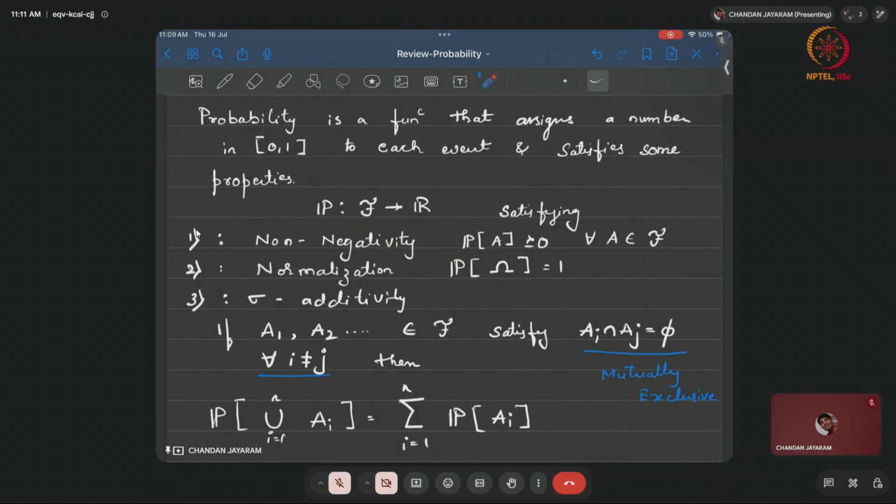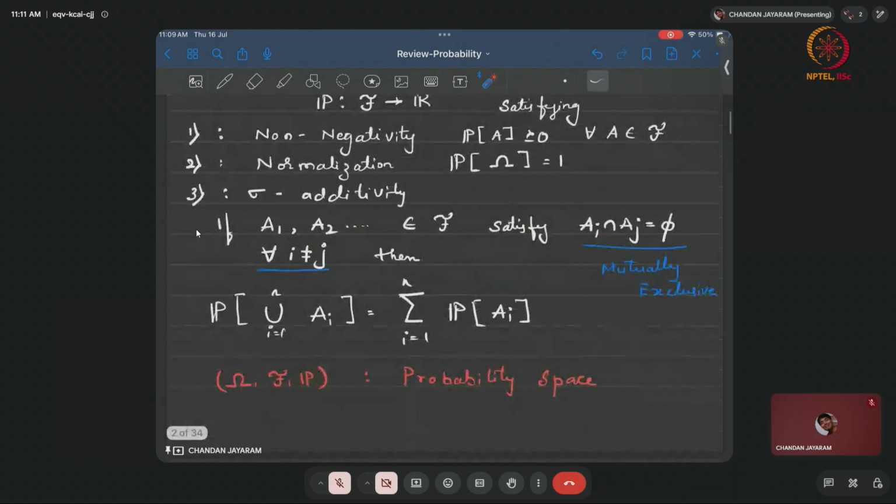This is for all events, as I told you. Then the normalization axiom, wherein the probability of the whole sample space should be 1. And then an important property, which is the sigma additivity. If you have events A1, A2, and so on belonging to F, and they satisfy the mutual exclusion property, that means there is nothing common between Ai and Aj, so the intersection of Ai and Aj is the null set.